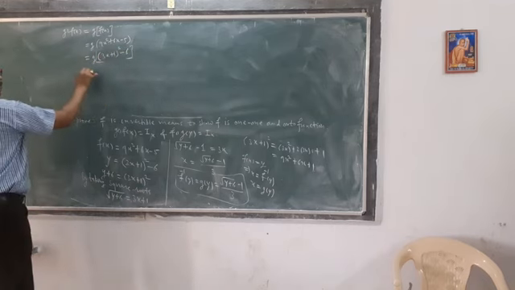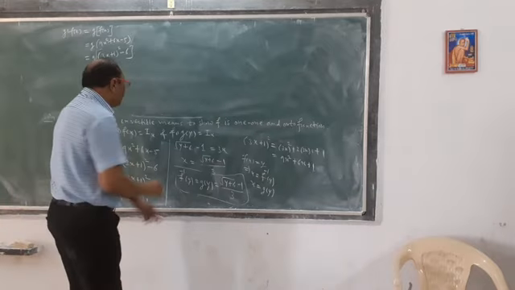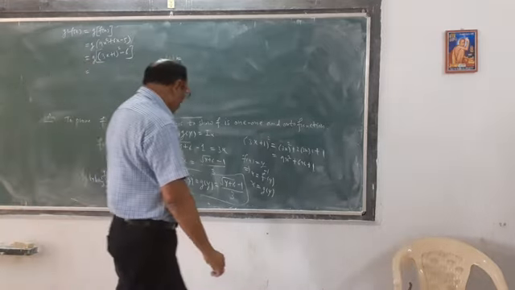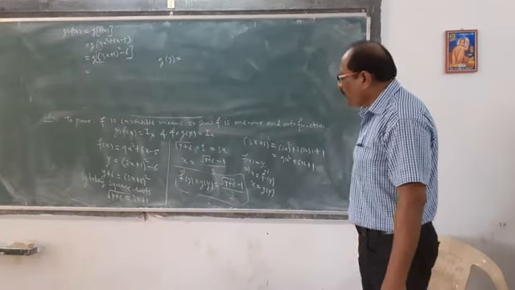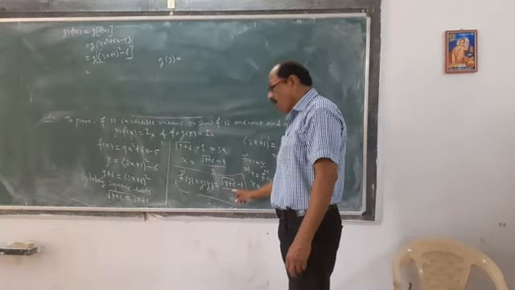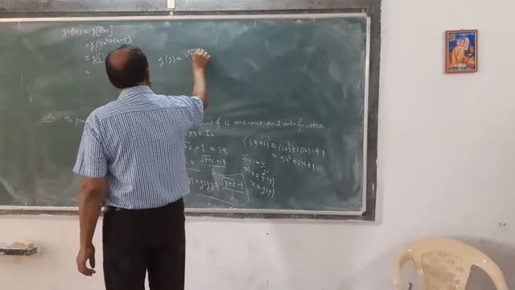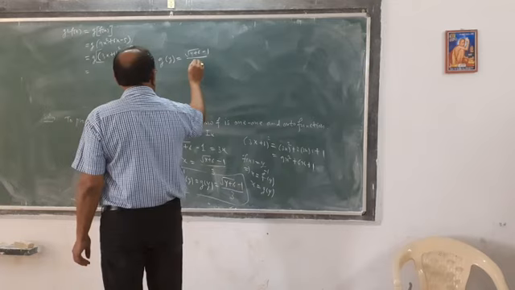Therefore, what is g of y? Here you should observe carefully what I am telling you. G of y is equal to square root of y plus 6 minus 1 upon 3.